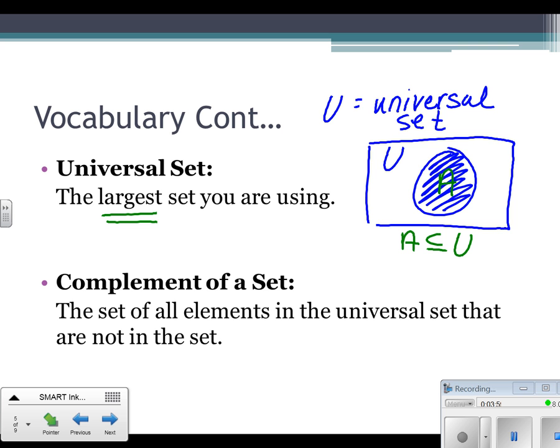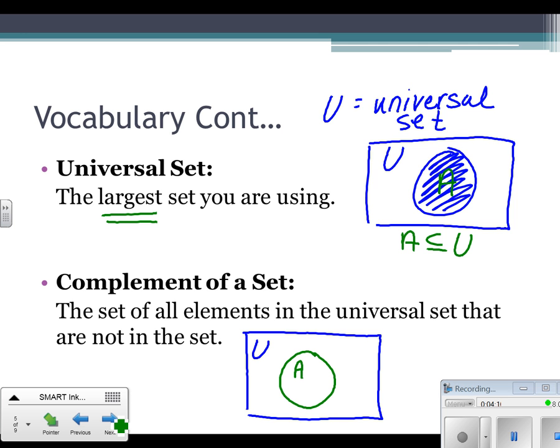So, for example, if I have a universal set and I have A, well, A prime, that is actually my complement of A, where A with that prime, the complement of A, is a subset of my universal.